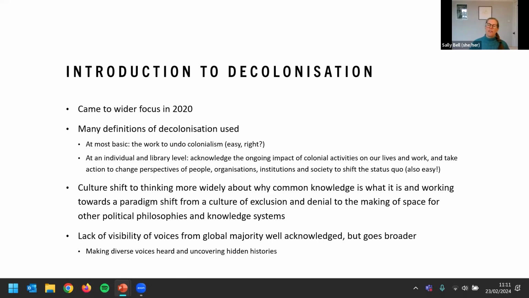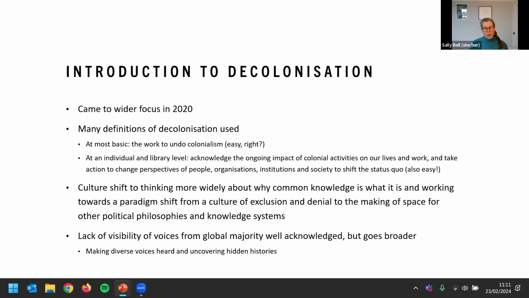However, it's very important. Really what decolonisation and EDI work, as I'll come on to, is about is focusing on a culture shift, and thinking more widely about why common knowledge is what it is, and working towards a paradigm shift from a culture of exclusion and denial to the making of space for other political philosophies and knowledge systems.